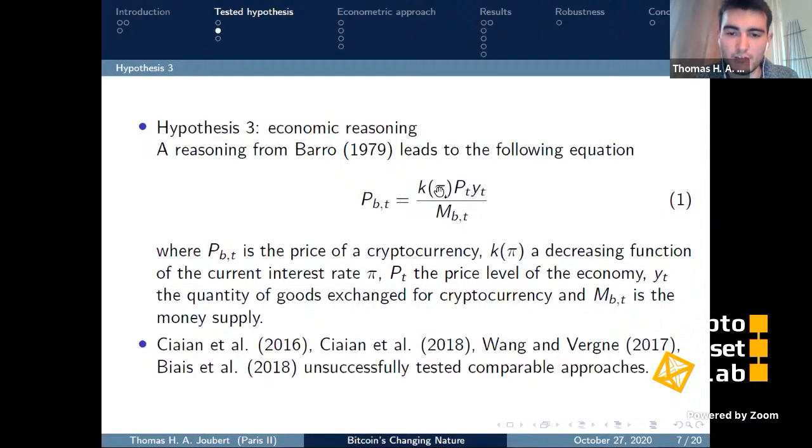So basically, the interest rates and the money supply are expected to have a negative impact on the price of Bitcoin, while the price level of the economy and the quantity of goods that are exchanged for cryptocurrency are expected to have a positive impact on the price. In general, such a reasoning has not been successful in the literature.